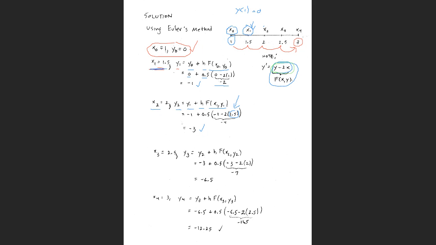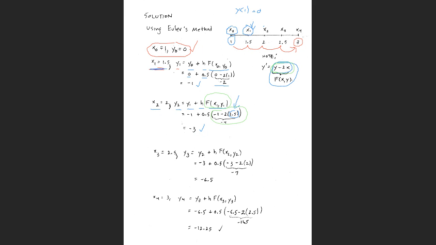So big F of x1, y1 would equal -1 minus 2 times 1.5. Hold on. y1 was -1 and x1 was 1.5.